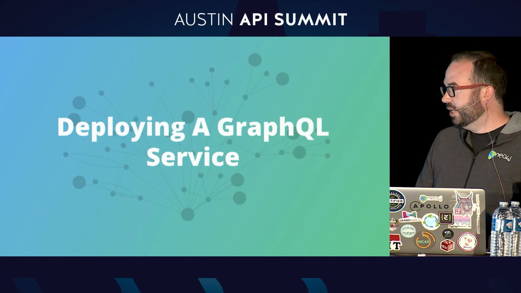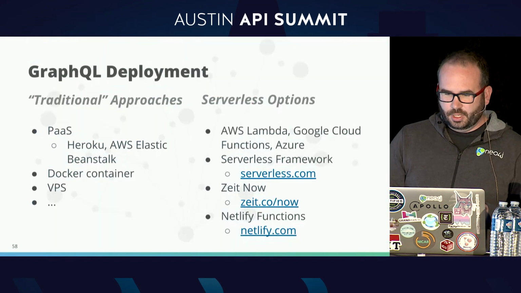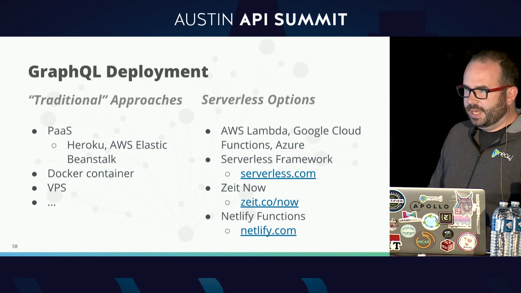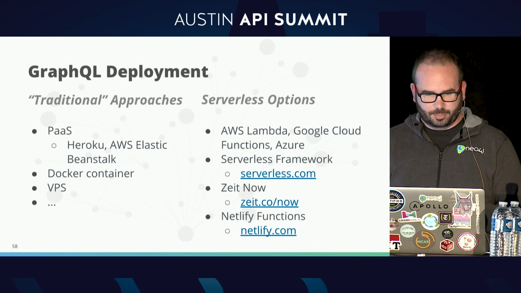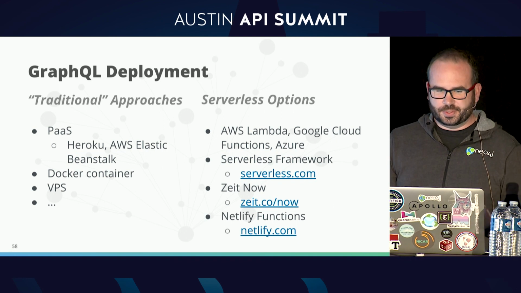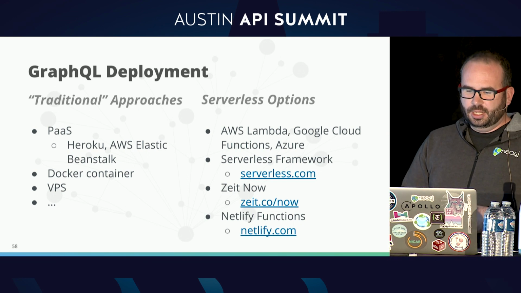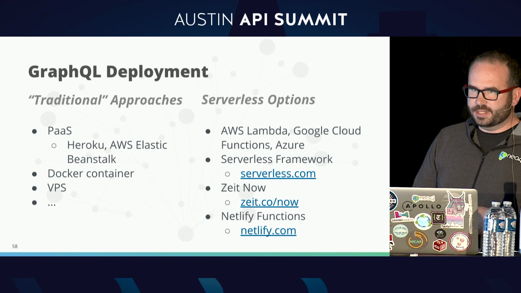Okay, let's talk a little bit about deploying a GraphQL service. In the example that we looked at, we were building an Express app, a Node.js app. So we can deploy that using platforms as a service like Heroku, Elastic Beanstalk on AWS. We can put that in a Docker container.